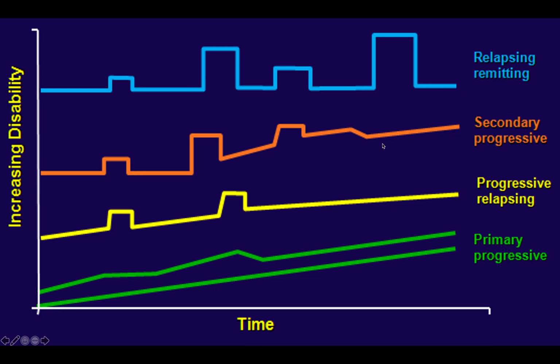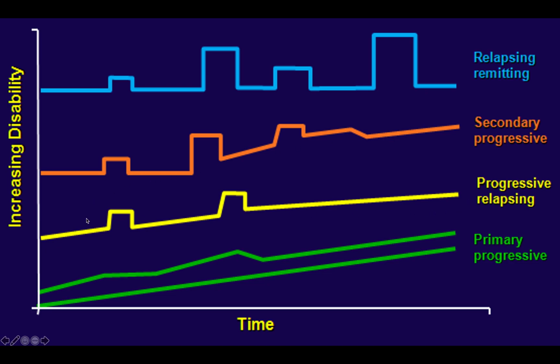Then secondary progressive, which is the same in the beginning, where the first attack and then everything comes back to normal, and then another attack, but then suddenly it turns progressive, so the disability increases with time without remitting.